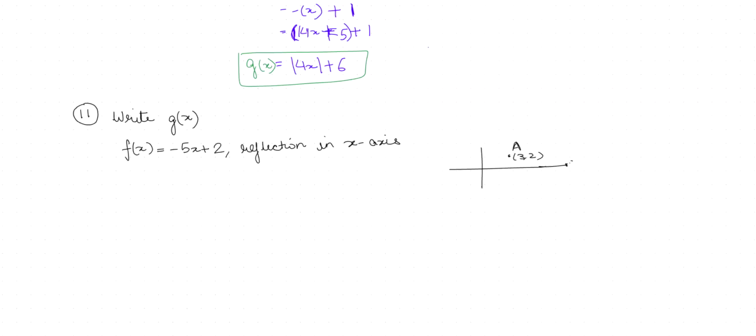So when it is reflected, this is A dash reflected, and we see that the x coordinate remains the same and the y coordinate becomes -2. So basically f(x) is transformed to minus f(x). Only y changes. We can see our rules over here.